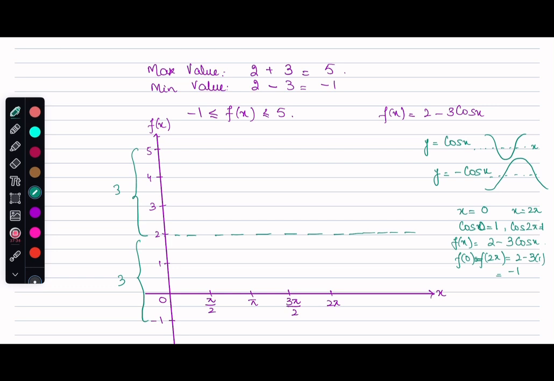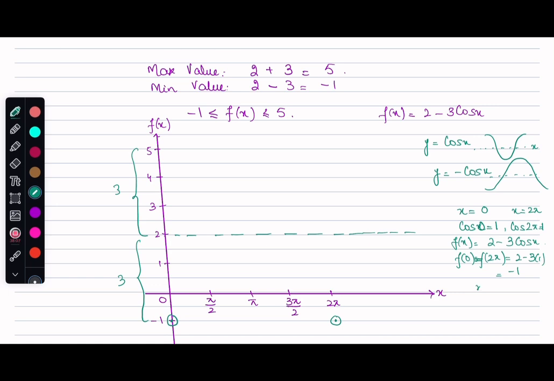So in the function 2 minus 3 cos of x, if I substitute cos of 0 or cos of 2 pi, then this value shall be equal to 2 minus 3, and my final answer is going to be a negative 1. So I can plot this point here as a negative 1. At 0, it's a negative 1, and 2 pi is also a negative 1 here.